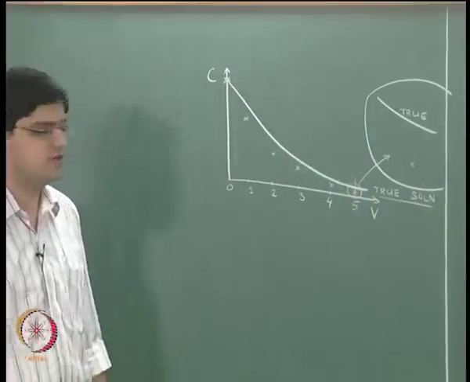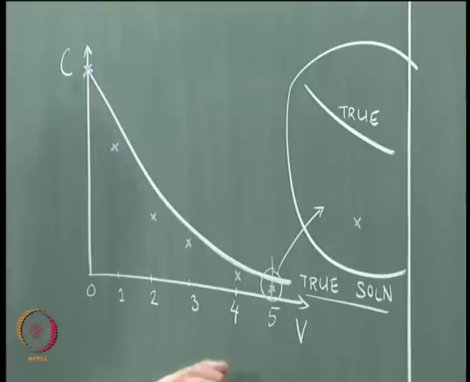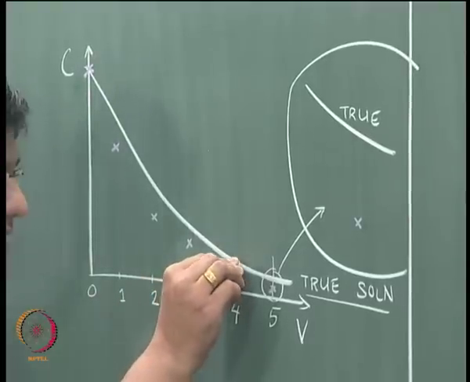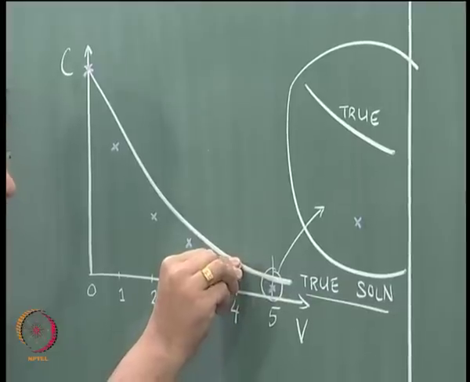If this solution is available to us, we restart our RK4 method at V equal to 4, we restart our RK4 method at the true value, okay.